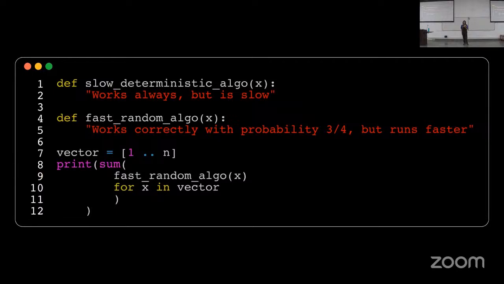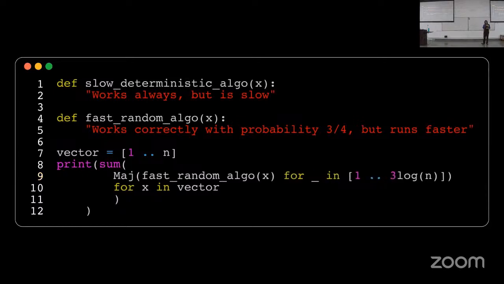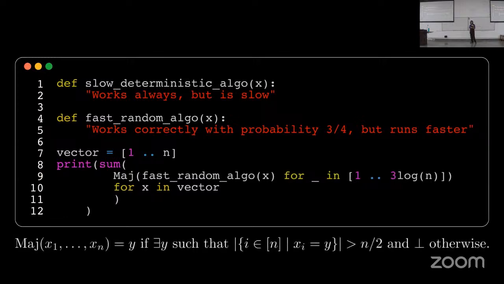Because if you make even a single mistake, that will screw up your sum. So what you can do is a majority vote. You can run your algorithm about logarithmically many times and take the value which occurs the most frequently. Majority is the value which occurs at least half of the times.